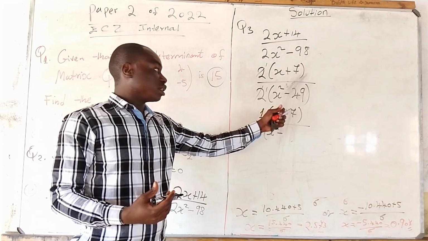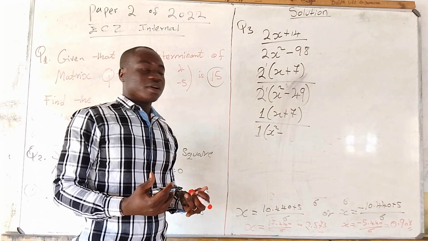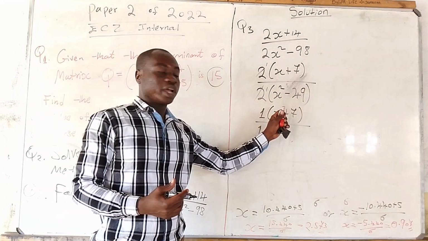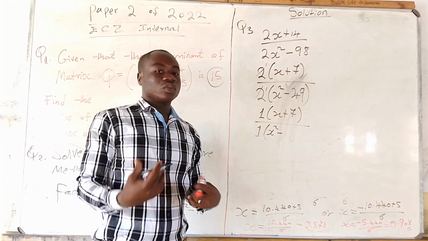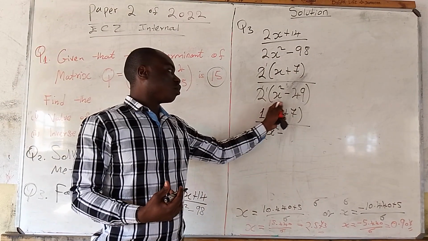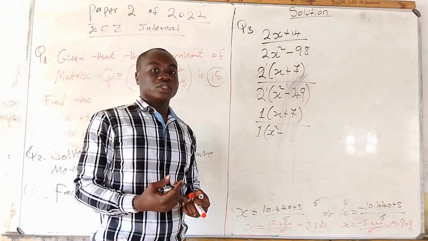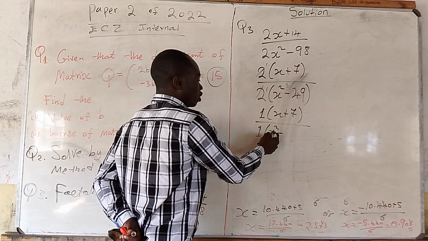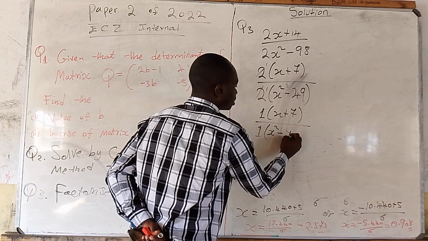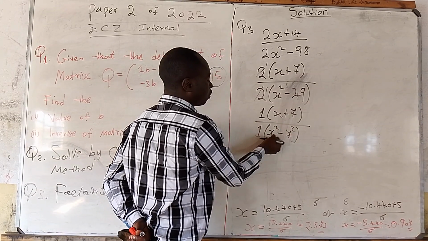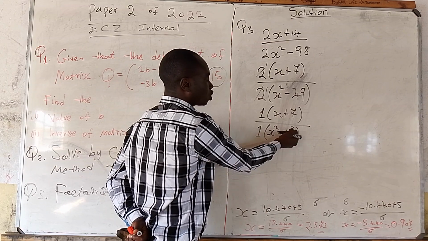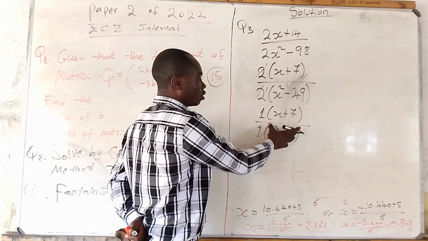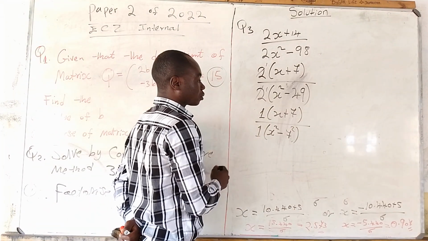The main goal of writing 49 in index form is that we want to write this expression as a difference of 2 squares. So we have x squared minus 7 squared, the difference of 2 squares, x squared and 7 squared. So this was our goal.